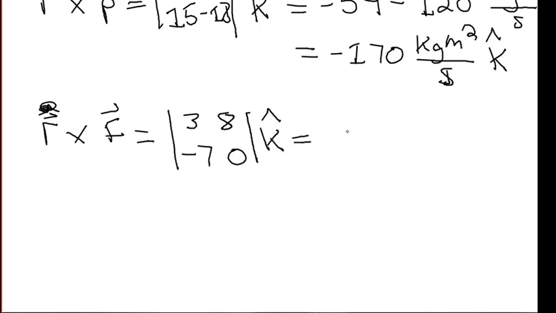So 3 times 0 minus a negative 56, so it should be a positive 56, and this will be kilogram meters squared per second squared in the k hat direction.